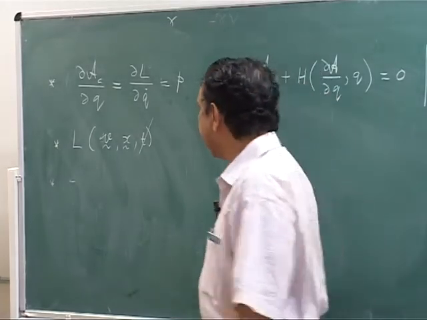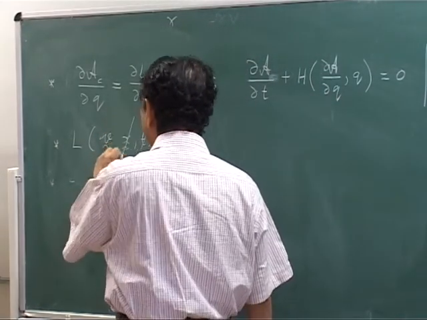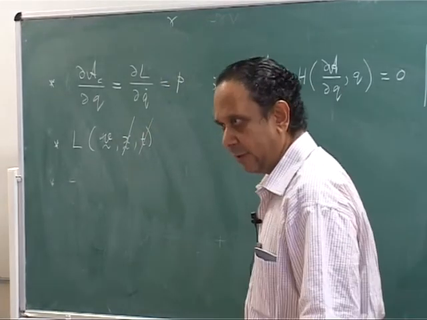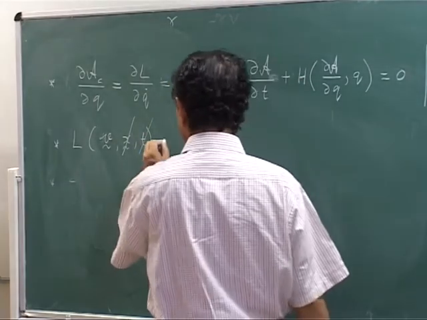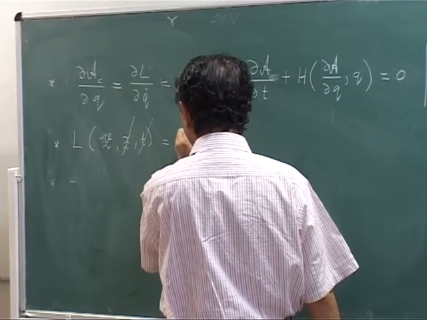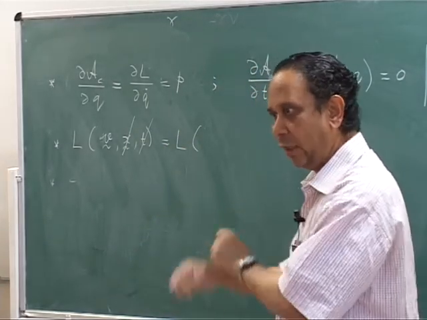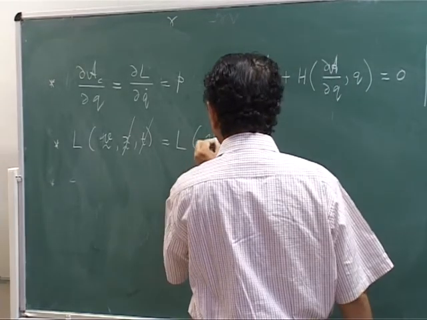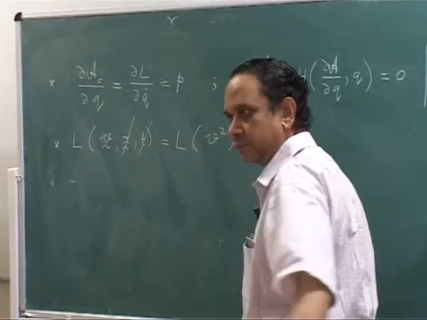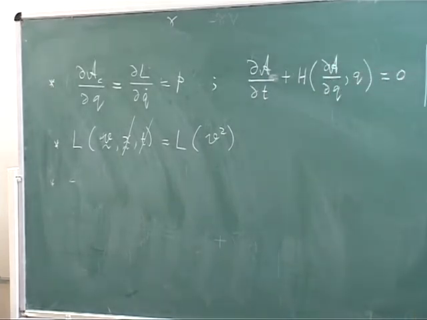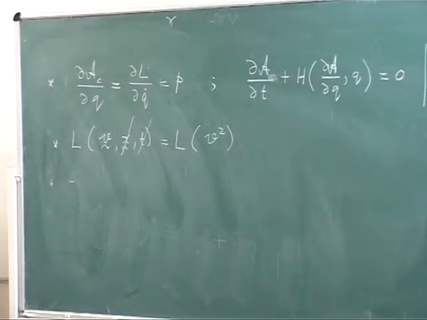By the same token it cannot distinguish one point in space from another, so it cannot depend on X. So it has to be purely a function of V, and again it cannot distinguish one direction from another, therefore it can only depend on V square, the magnitude of that. Okay.